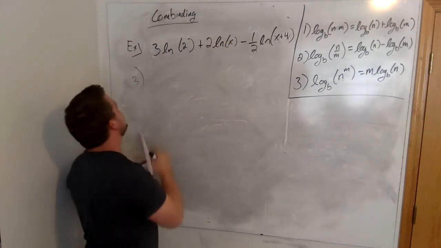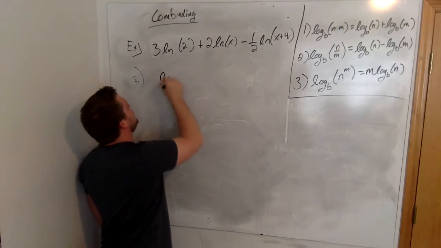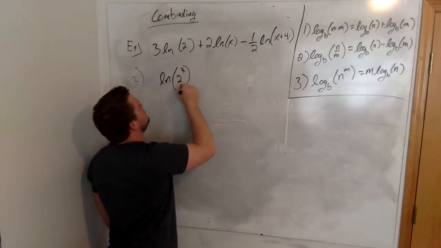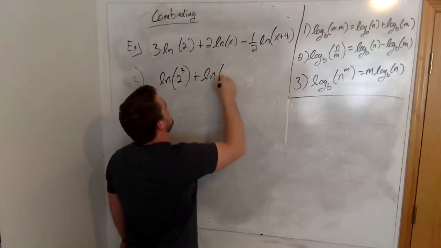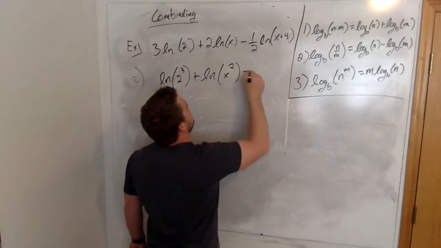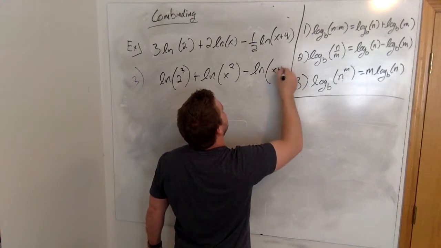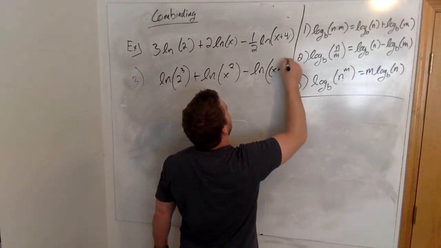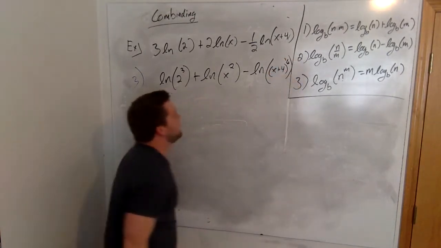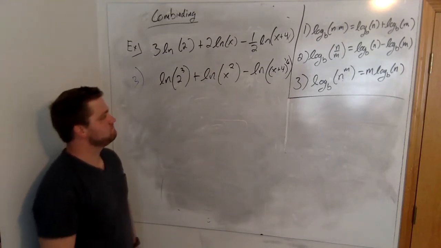So using rule 3, this is the same thing as the natural log of 2 cubed plus the natural log of x squared minus the natural log of (x plus 4). Make sure you put parentheses here. You should always be paranoid with parentheses.